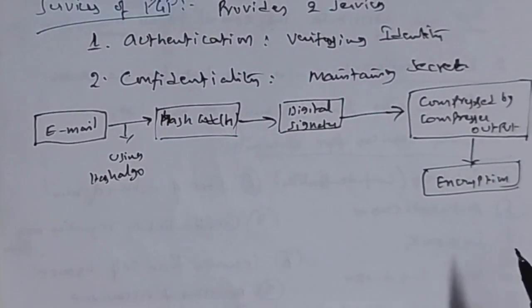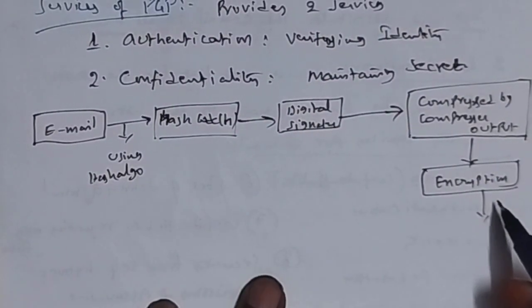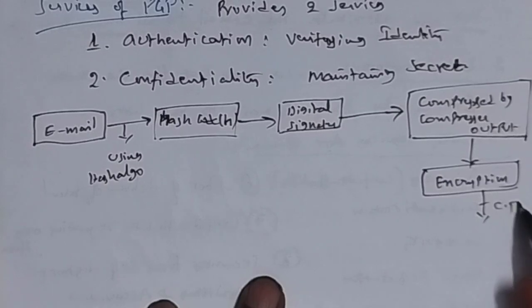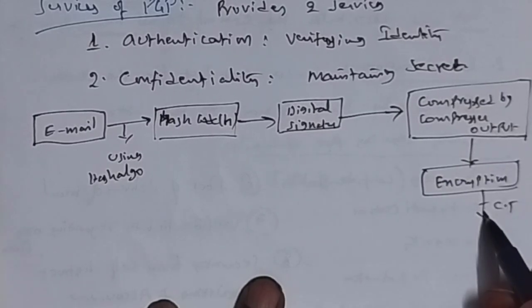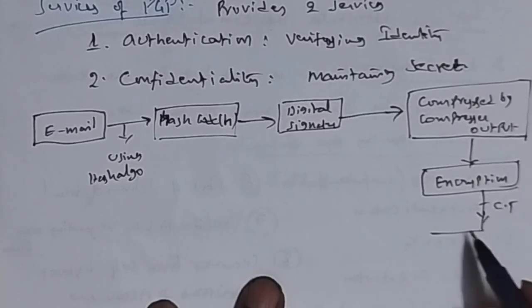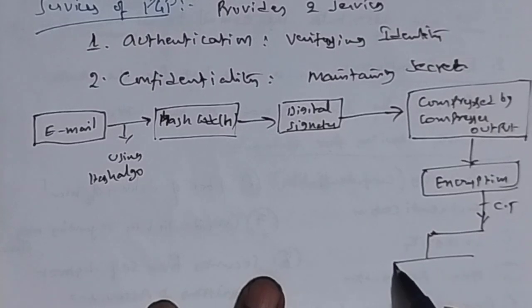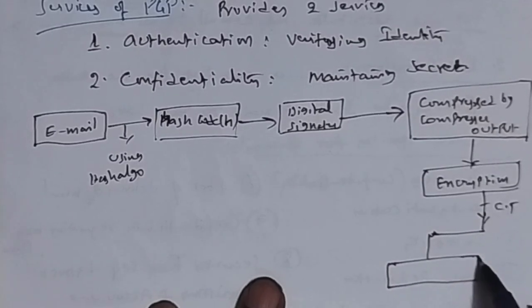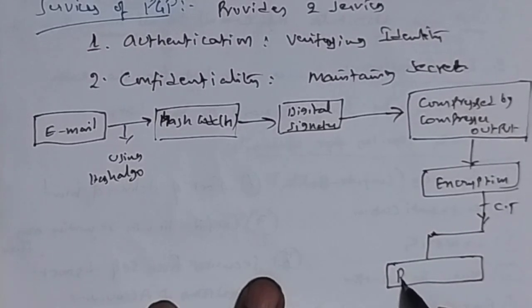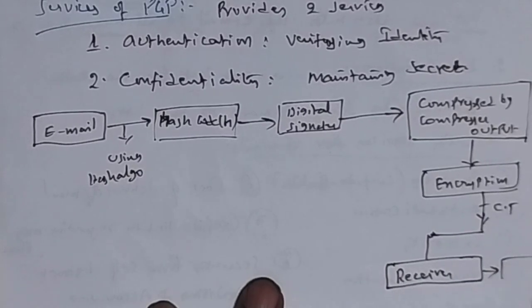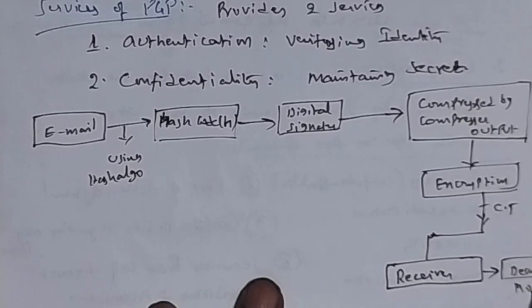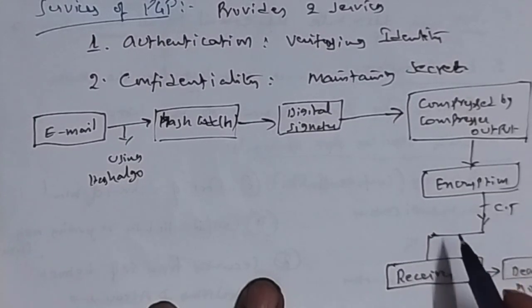After encryption the plain text is converted to ciphertext. The ciphertext goes to the receiver. The receiver applies the decryption algorithm for understanding.